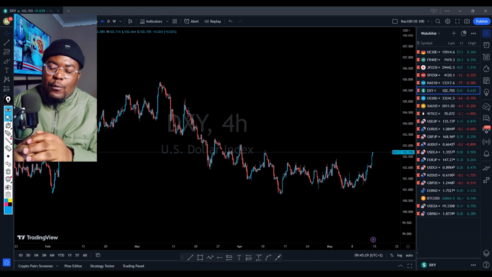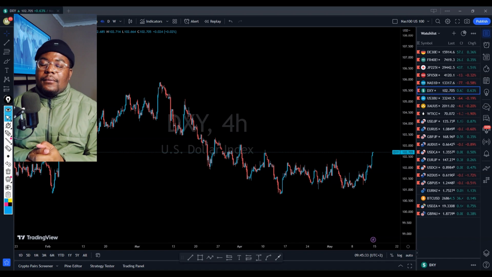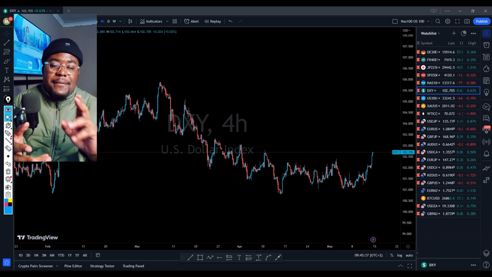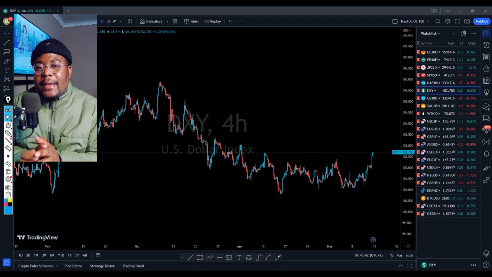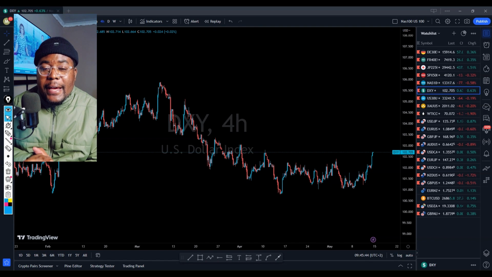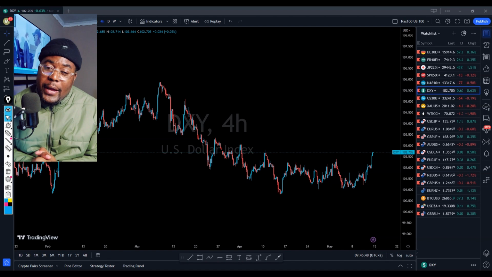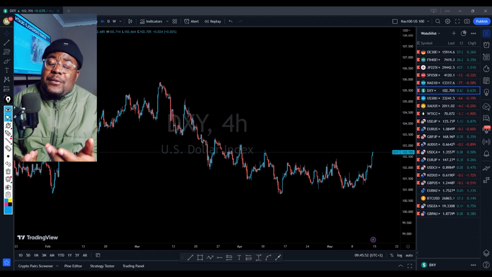Another thing is, once you have identified your structures, you should know where to buy. We identify the trends, the time frames that we're going to use, the structures, and then we have to reach a point where we say, where are we buying, where are we selling, because that's something that we do, right?